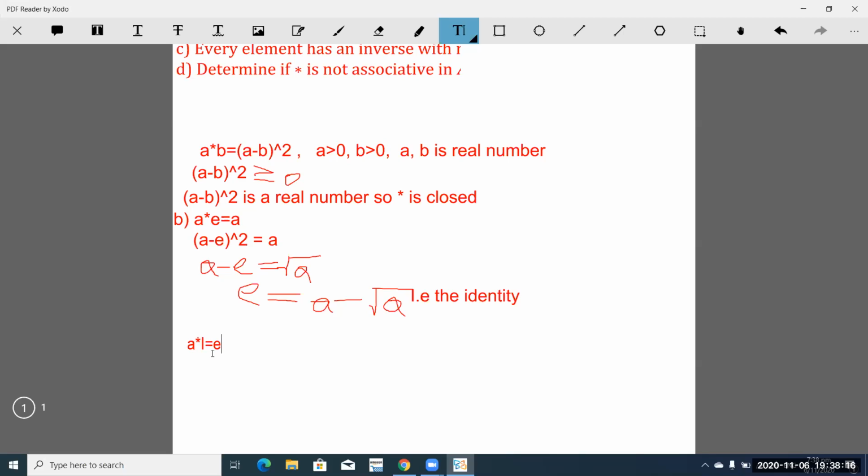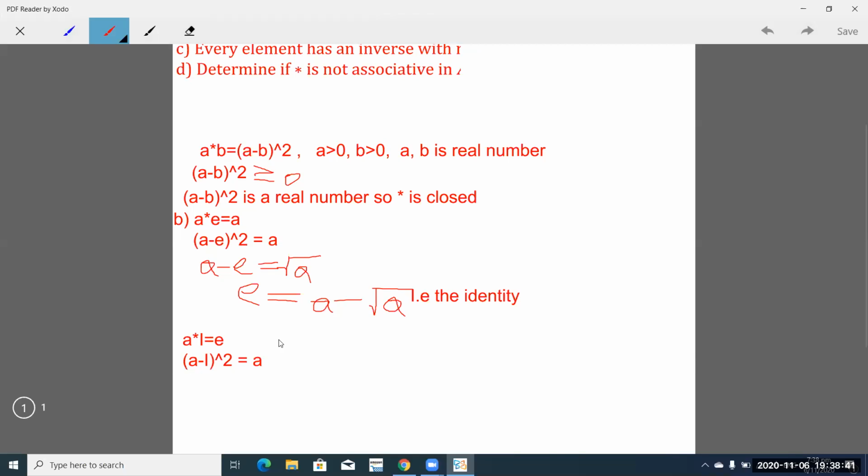A star I equal E. All right, so then what is A star I? A minus I, squared, and that is equal to E. And E is just A minus root A. So we're going to make I the subject.